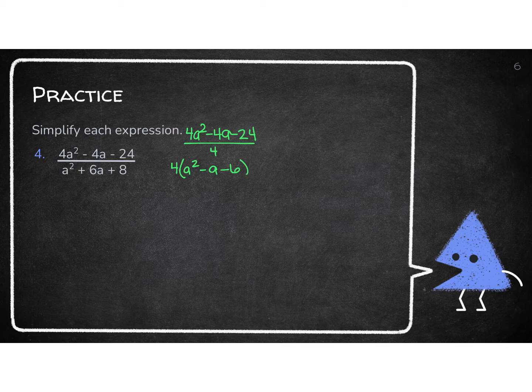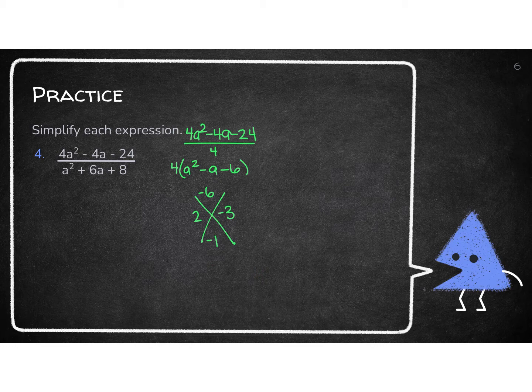Since I have an a squared still happening in there, I have to go ahead and I have to factor. So I'm looking for negative 6 on top, negative 1 on bottom. So 2 numbers that multiply to negative 6 and add to negative 1 gives me 2 and negative 3. So before I can do that box, we need to go ahead and we need to write that out.